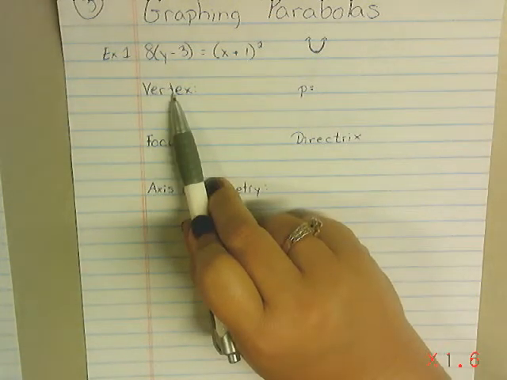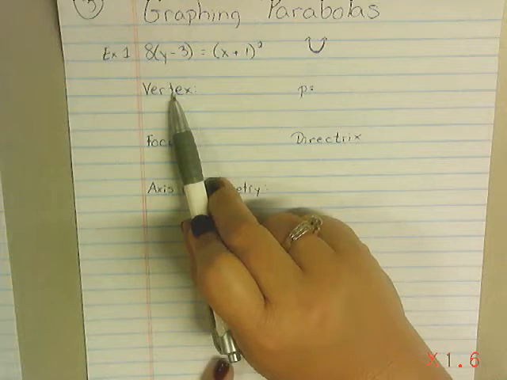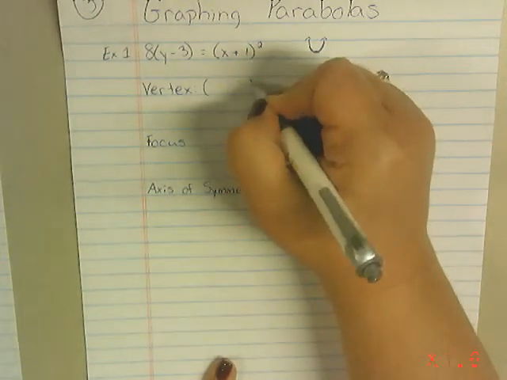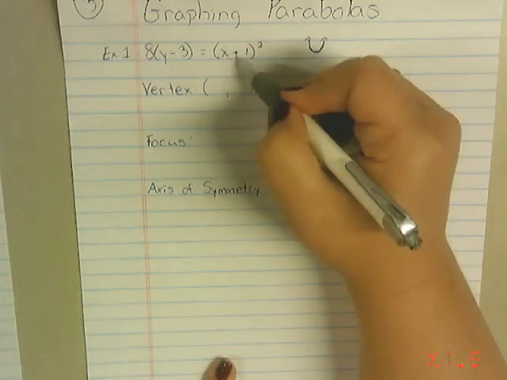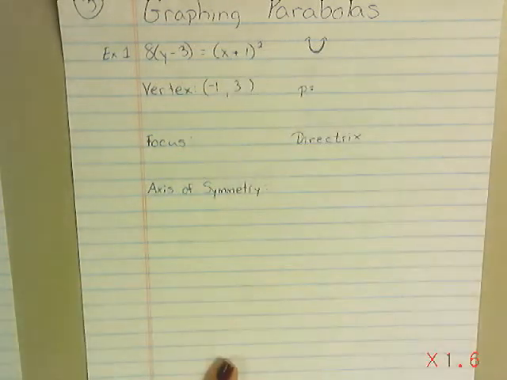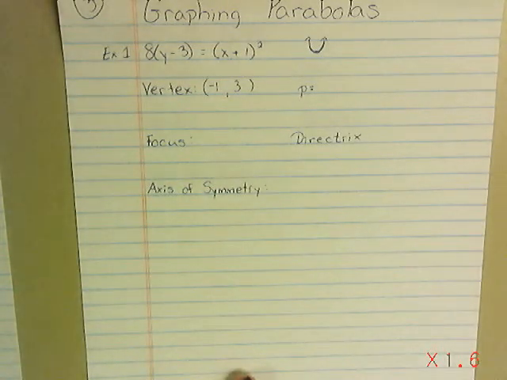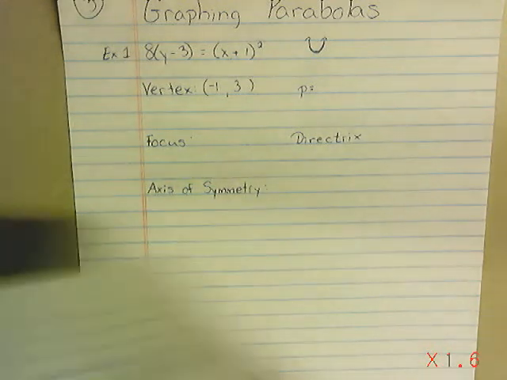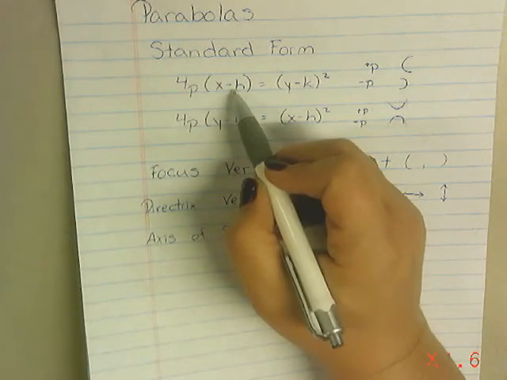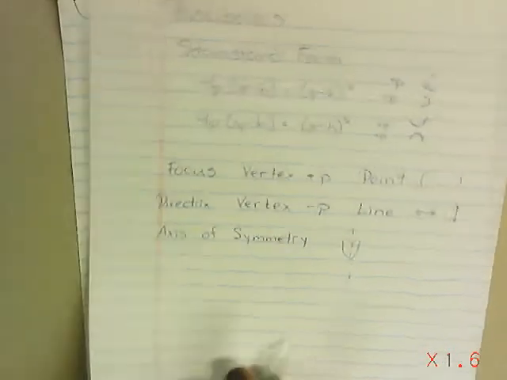Your vertex is like your center in all your other conic sections, so you get that the same way. But again, sometimes you have to be careful because you have to pay attention that your x is going first. So -1, +3. If you look back to your general equations, 4p is in front of your first parenthesis.